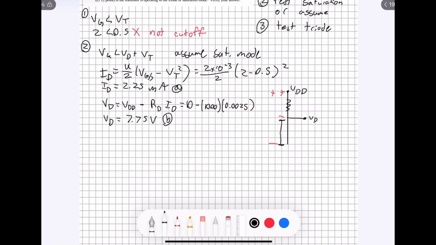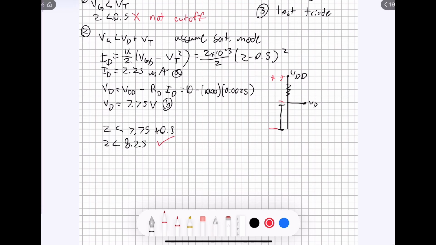So VG is equal to 2. 2 must be less than 7.75, which we determined right here is the value of VD, plus 0.5. This becomes 2 is less than 8.25. And we can see that this is correct.